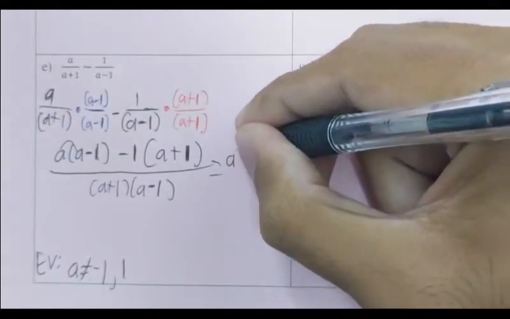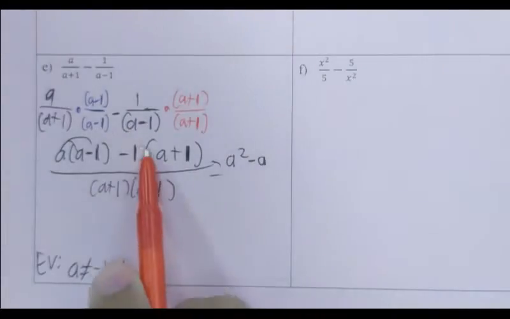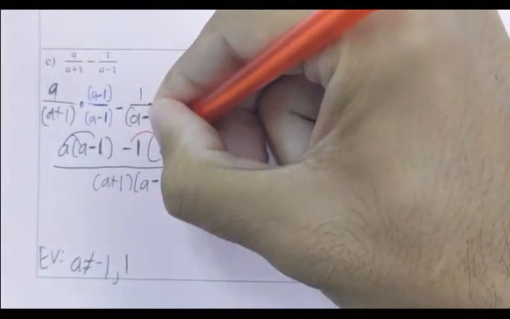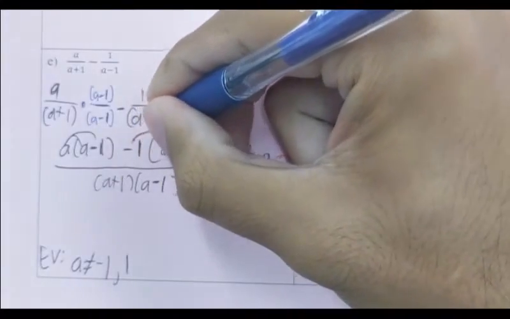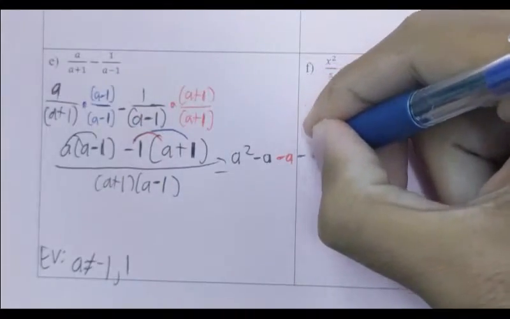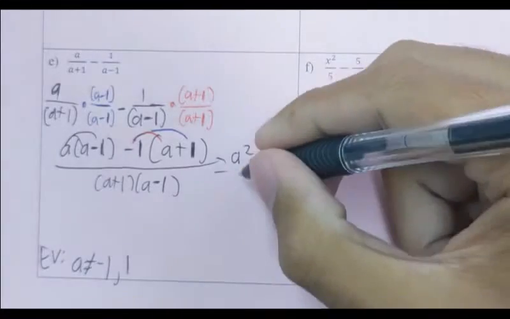So over here we have a squared minus a. Then from here we have -1 times a is minus another a. Then we have -1 times +1 is a minus 1. And again, the denominator is the same.